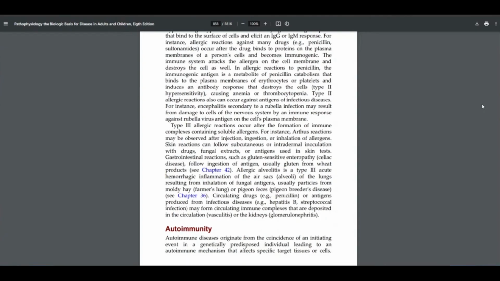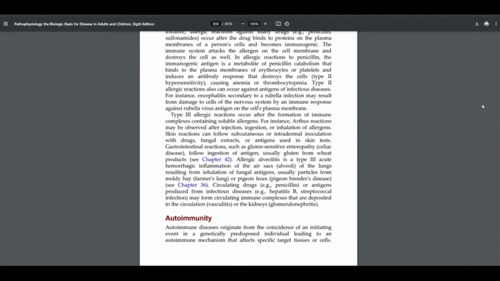In the allergic reaction to penicillin, the immunogenic antigen is a metabolite of penicillin catabolism that binds to the plasma membranes of erythrocytes or platelets and induces an antibody response that destroys the cells, a type 2 hypersensitivity, causing anemia or thrombocytopenia.